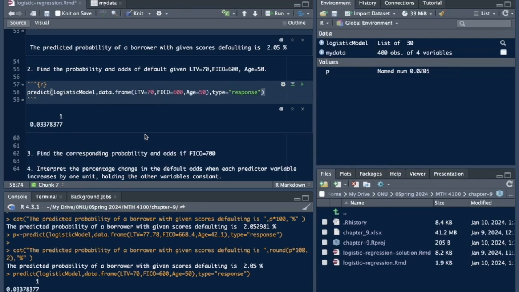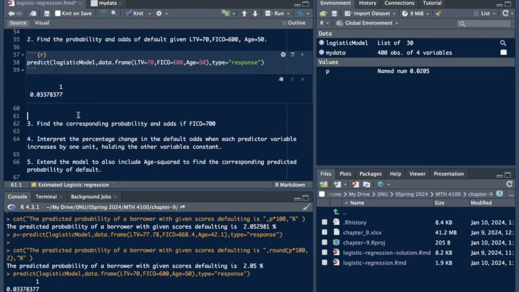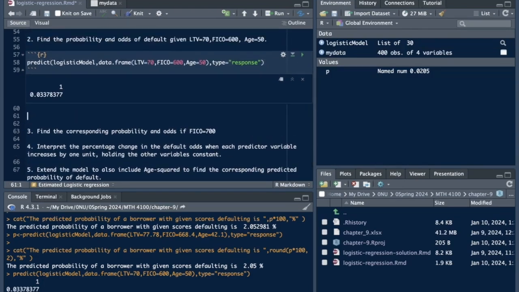So we have found the expected probability of defaulting for a person with these scores, about 3.4%. And we have to get the odds of defaulting. How to calculate the odds? If you remember, the formula says that we divide P by 1 minus P. To be honest, it's not P, it's the predicted probability, which is P hat.